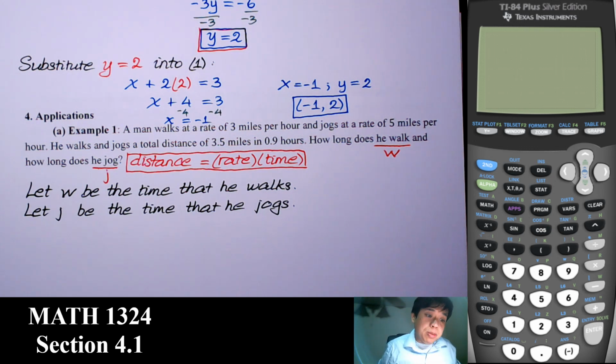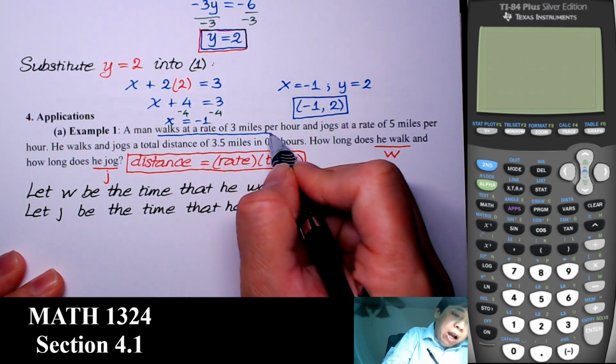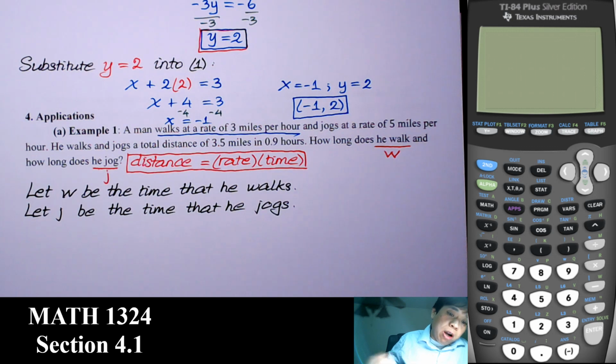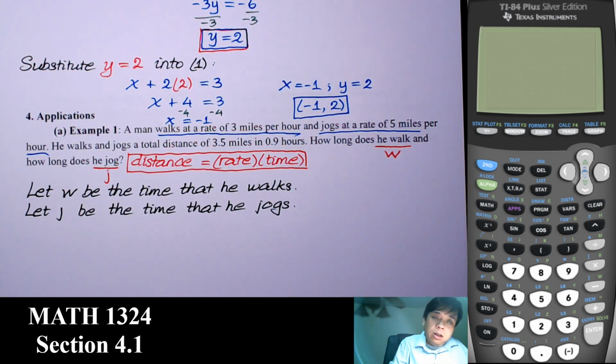Right, but the speed: he walks at 3 miles per hour and jogs at 5 miles per hour.